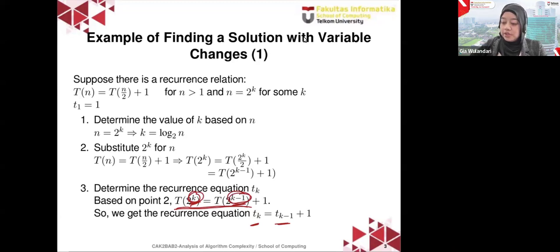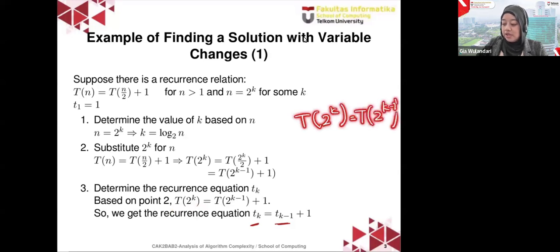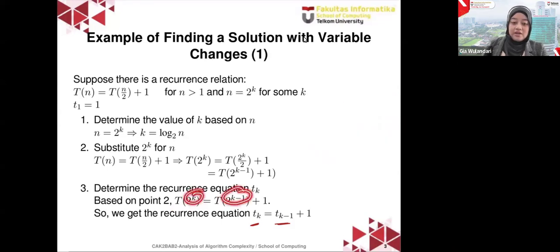So here we change T of 2 to the k into tk, and T of 2 to the k minus 1 into tk minus 1. And the rest will be the same. Or if I have, let's say, T of 2 to the k equals T of 2 to the k minus 2, then it will be tk equals tk minus 2. Okay, so it will depend on whatever we have here.